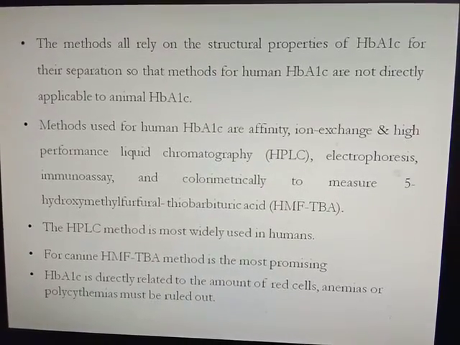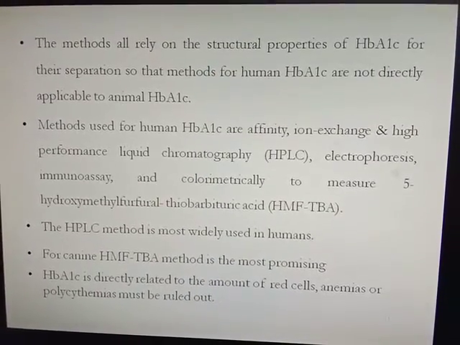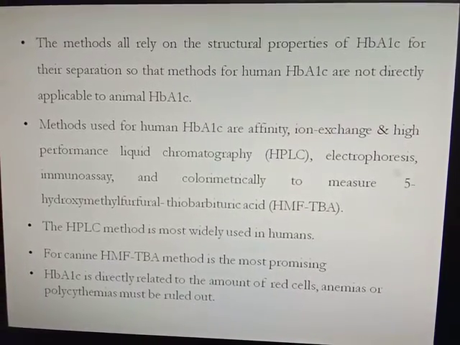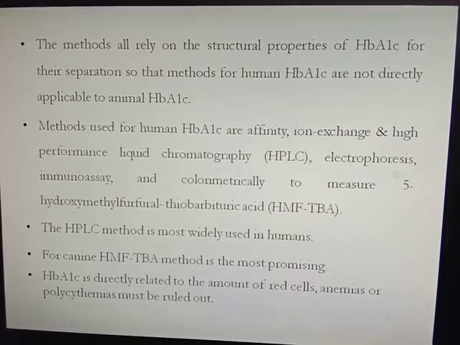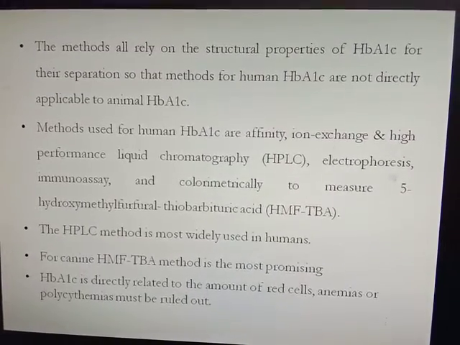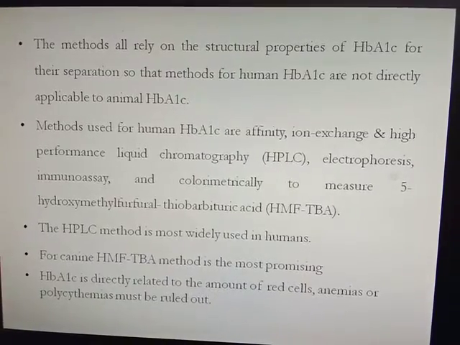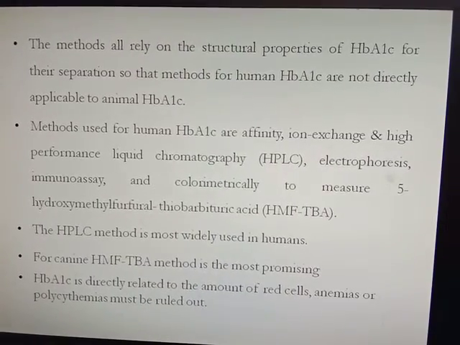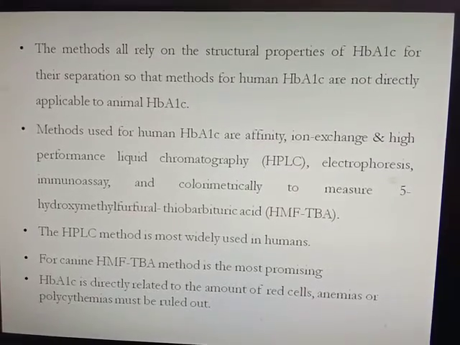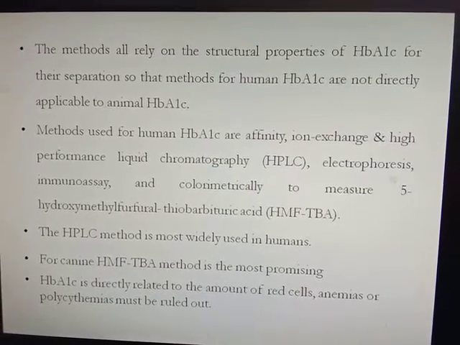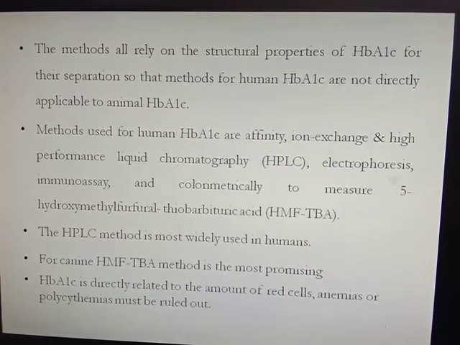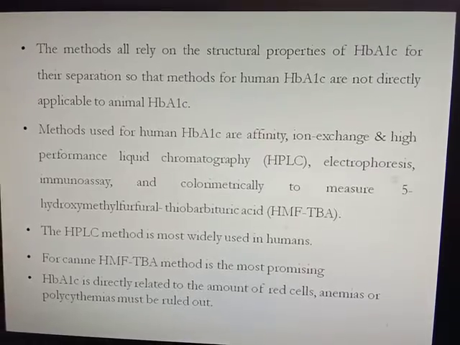Whereas in polycythemia, the RBC number is increased, so more glucose will bind to the RBCs. In that case, it will show an overestimation of blood glucose, even though the person is not diabetic and the blood glucose remains normal. So anemia and polycythemia must be ruled out before estimation of HbA1c.